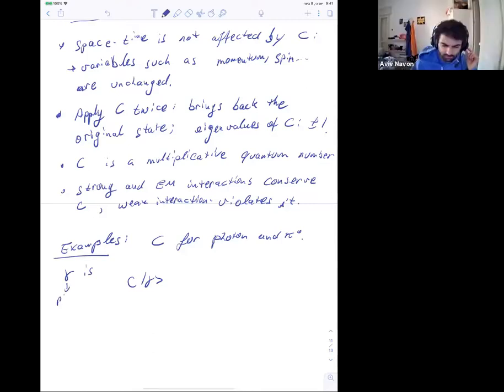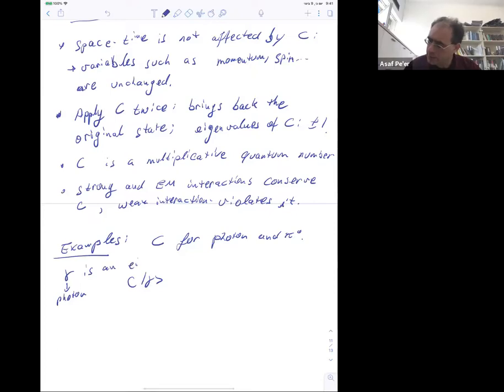One, I think. Yeah. It is an eigenstate of C. It's the eigenvalue of -1, of course. Why is it -1? There is a very simple intuitive way of showing that it's a -1.